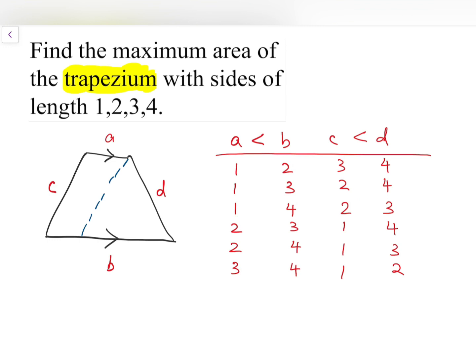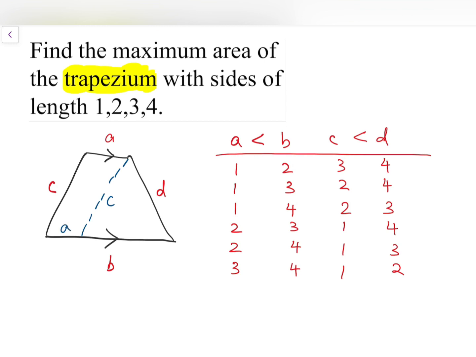I'm going to split it into two parts. The first part is a parallelogram. The side length of this blue dotted line will be C, and the base will be A again.